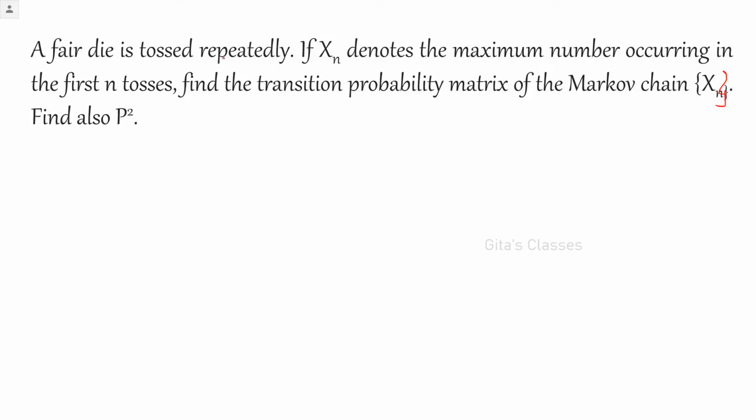How to find it? Now Xn is given as the maximum number occurring in the first n tosses. Suppose in the first n tosses the maximum number is 3. If I am assuming that the maximum number up to n tosses is only 3, then what will our Xn+1 be? Up to Xn the maximum number occurred is 3 only, right? So if Xn+1 is also 3, then what can I say? Xn+1 also I will write 3.